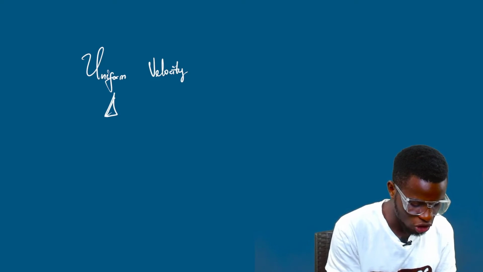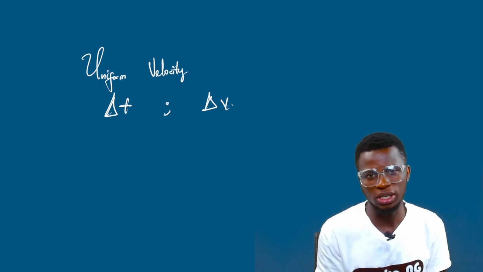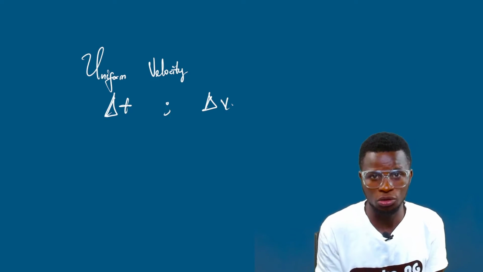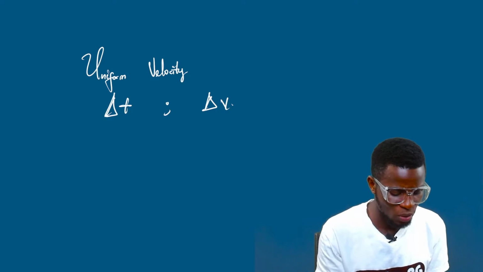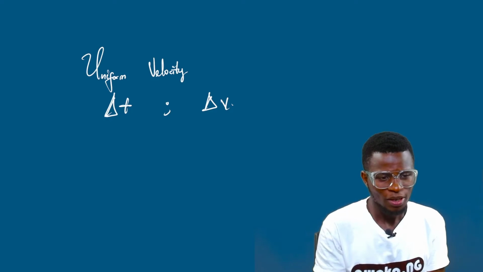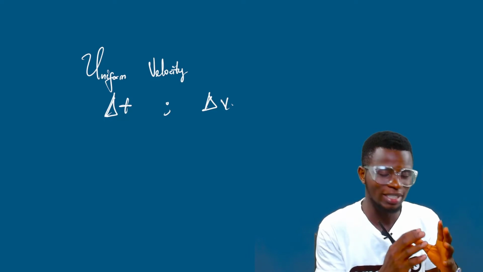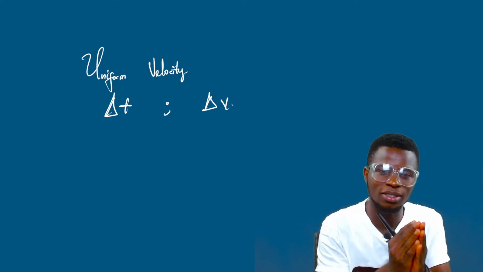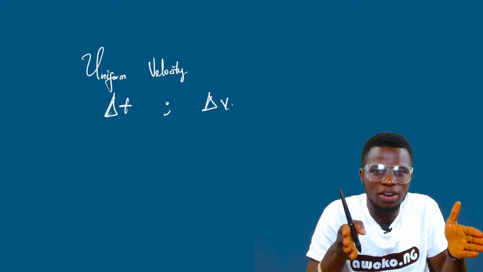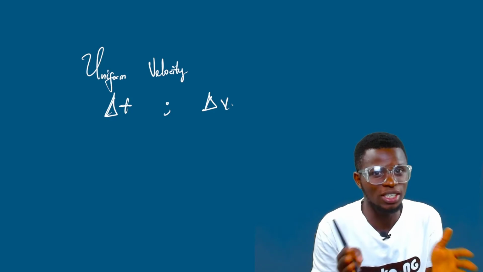As there is a change in time, there is also a change in velocity for acceleration to occur. But when we talk about uniform velocity, it occurs at equal intervals of time, at an equal amount of time. So that means there is no change in time.